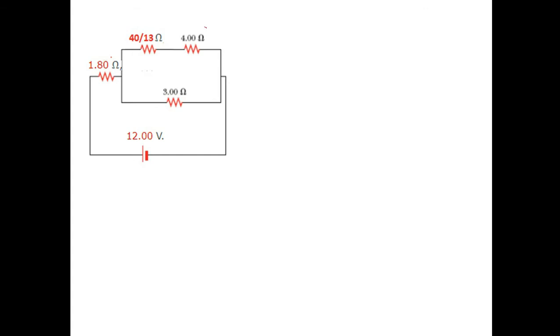Now we observe that this 40/13 ohm resistor and this 4 ohm resistor are in series. In series the equivalent resistance can be found by directly adding the individual resistors. Here the individual resistors are 40/13 and 4 ohms. If we cross multiply we get 40 plus 13 times 4, which is 52, over 13.